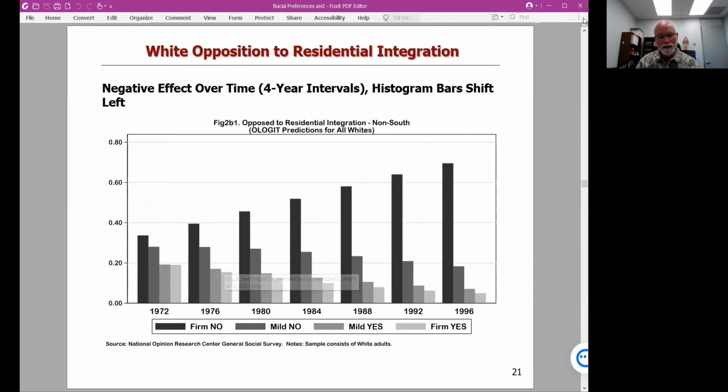To get the predictions that we see in this chart, we first need to estimate an ordered logit regression, and then that regression will provide a basis for doing statistical tests. But when we want to assess the substantive effects, that is, the impact that X has on the dependent variable, we need to look at predictions. We could generate quantitative values that represent these bars, but it's also helpful to plot them, as I've done here. Then you can visually look at this and see if you think these changes are meaningful.